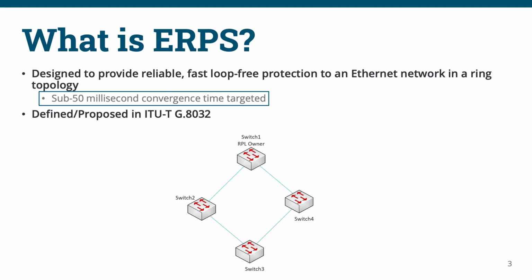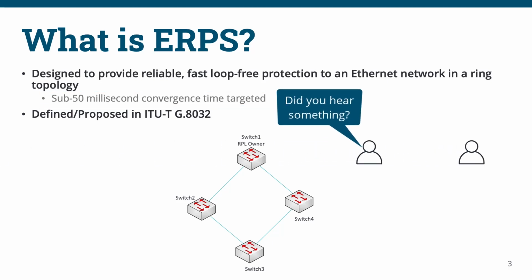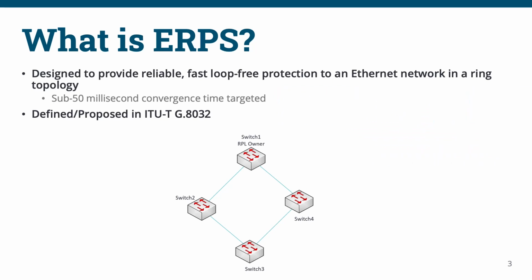To put that convergence speed into perspective, that's fast enough for a phone call to not be noticeably interrupted, and is 1,000 times faster than Spanning Tree Protocol. Pretty impressive, right? ERPS, of course, only works with ring topologies.